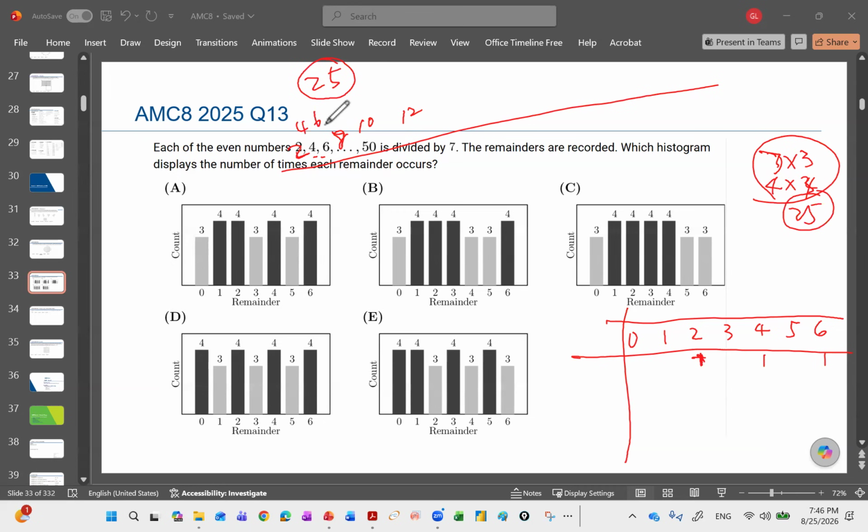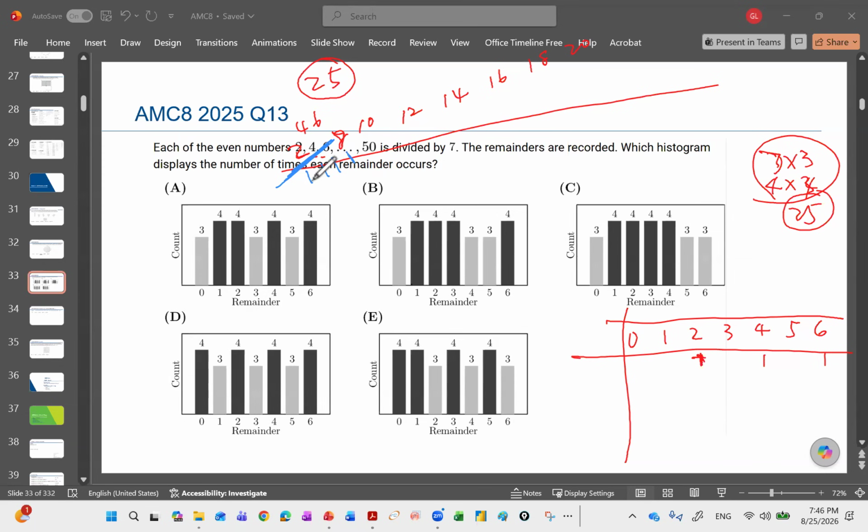So 2, 4, 6, right? Let's go a little further, to 20 first, and then you can find what it looks like. The remainders of 2, 4, 6 are 2, 4, 6. What's the remainder of this one? It is 1, right?